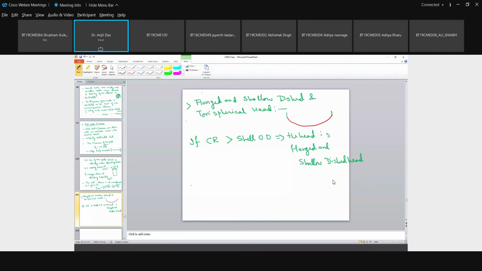And if the crown radius of the head is less than or equal to the shell ID, sorry, shell OD not shell ID, then it is known as the flanged and standard disc head, which is also known as the toruspherical head.